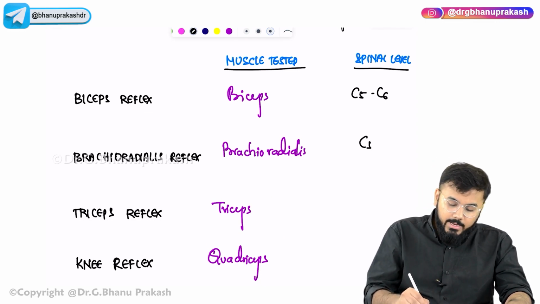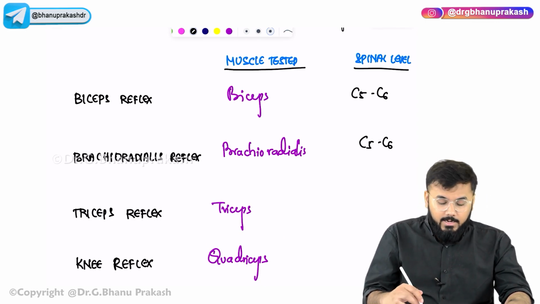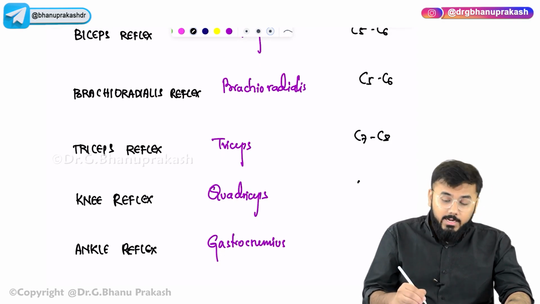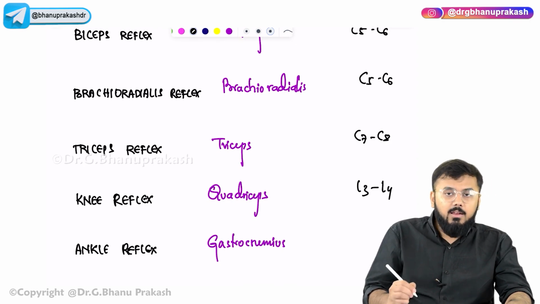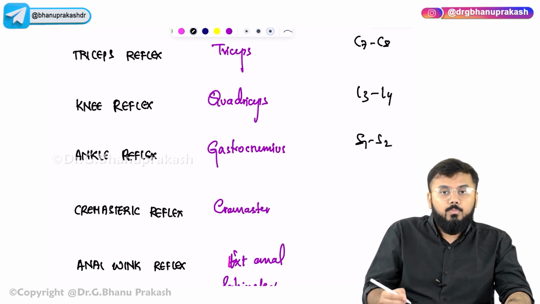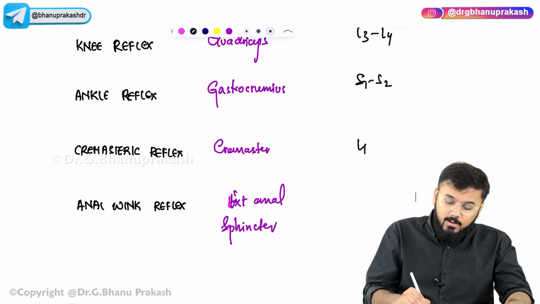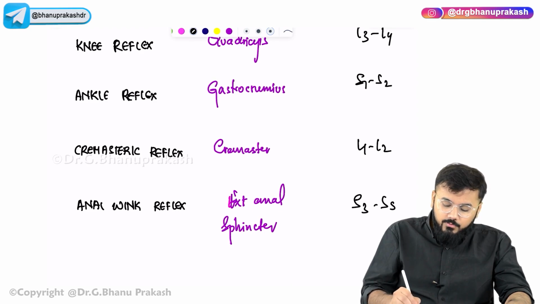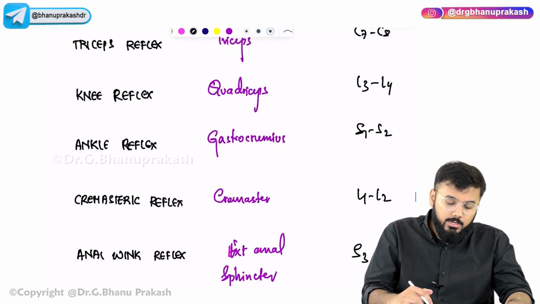The same with the brachioradialis, C5, C6. Triceps, C7 and C8. Quadriceps is L3 and L4. Gastrocnemius is S1 and S2. Cremastric is L1 and L2. External anal is S3 to S5. These are the things which you need to know.